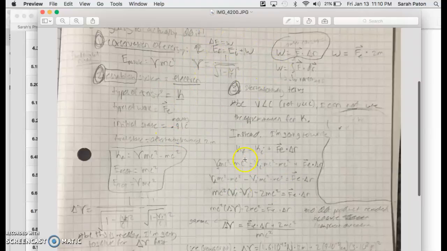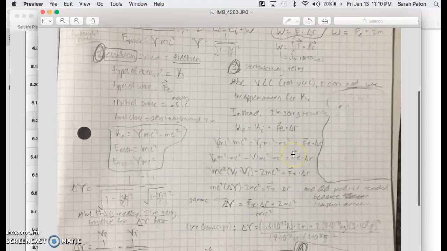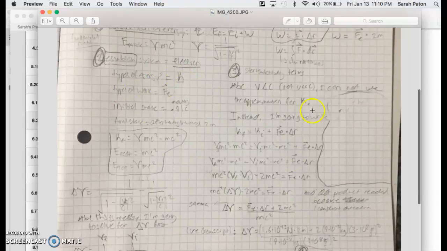I also knew that work was equal to force over a distance, so my work done by the accelerator was going to be F_e times the distance, which was 2 meters. Taking the variables I established, I turned this equation into: the final kinetic energy would be equal to the initial kinetic energy plus the work done by the electric force.